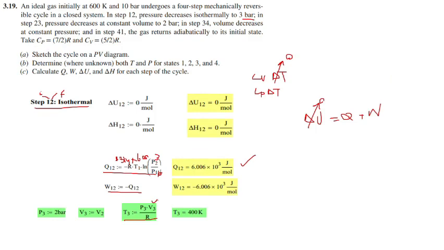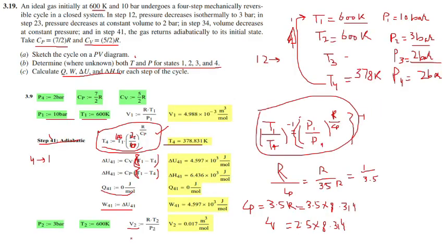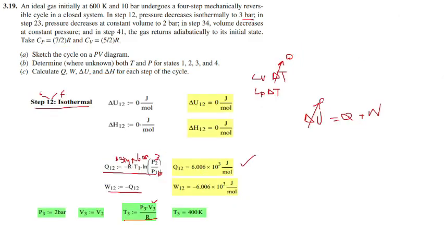While it is equal to V2, you just determine here V2 is equal to RT2 over P2. You know the value of T2 and the value of P2. Just put here, you will get the V2. So V2 is equal to V3 because 2 to 3 is a constant volume process.